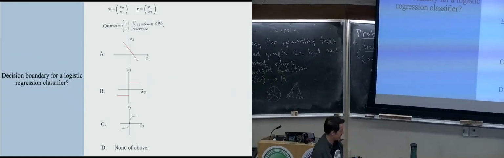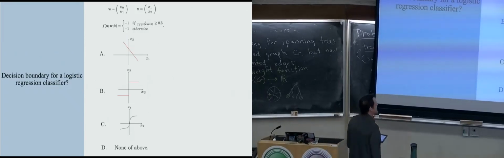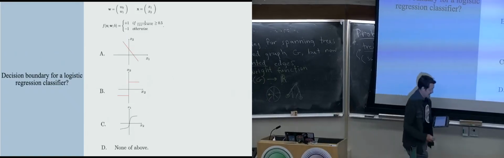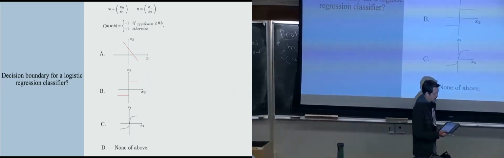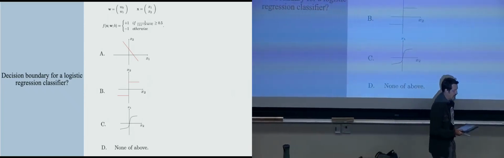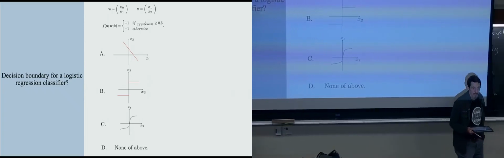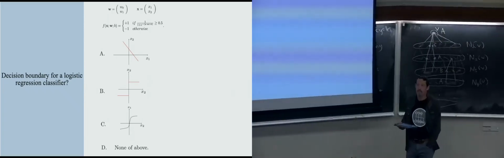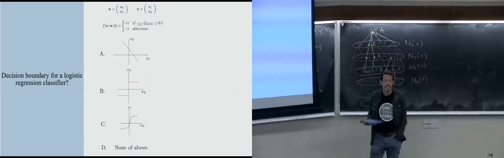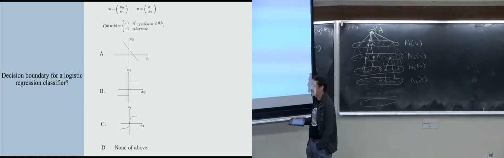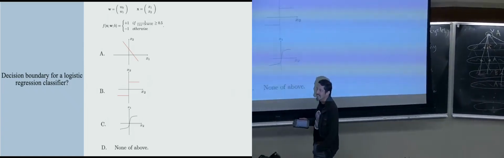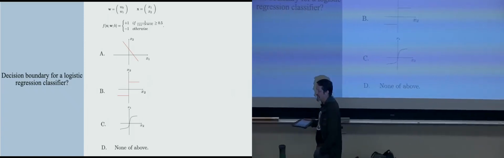Okay. Quiz time. A, B, C, or D. What is the decision boundary? The decision boundary, the thing that separates positive class and negative class. Anybody want to yell it out? Give a reason why? What shape is it?